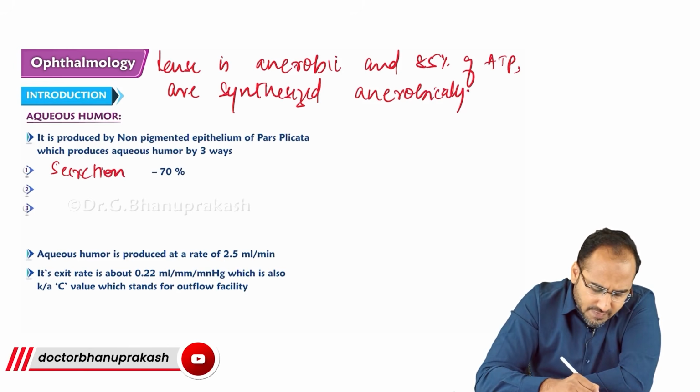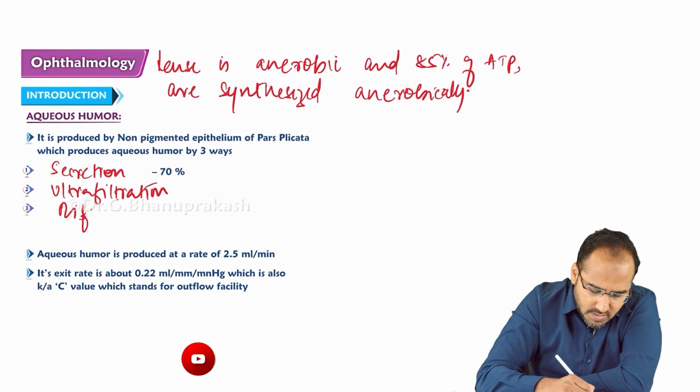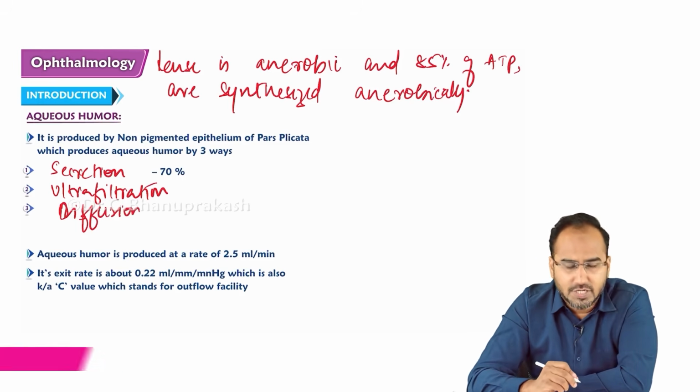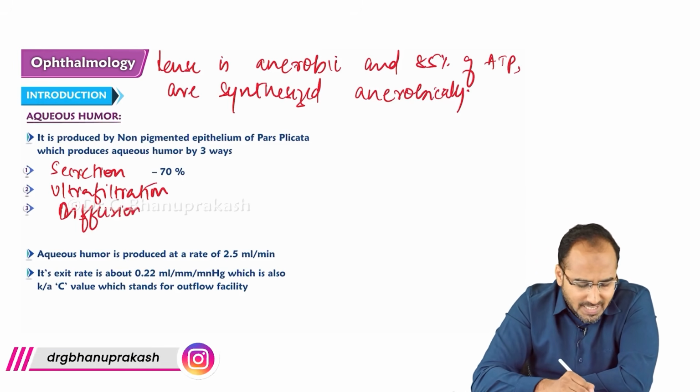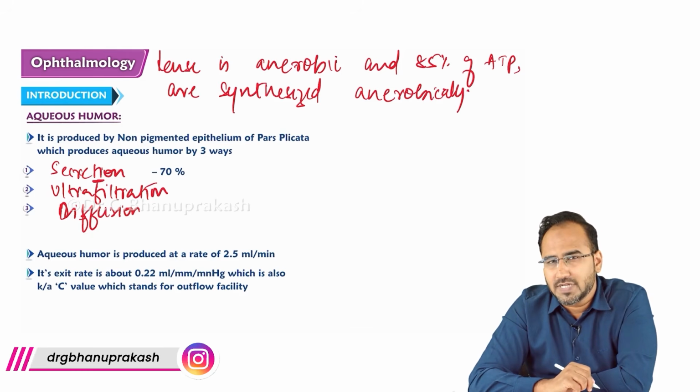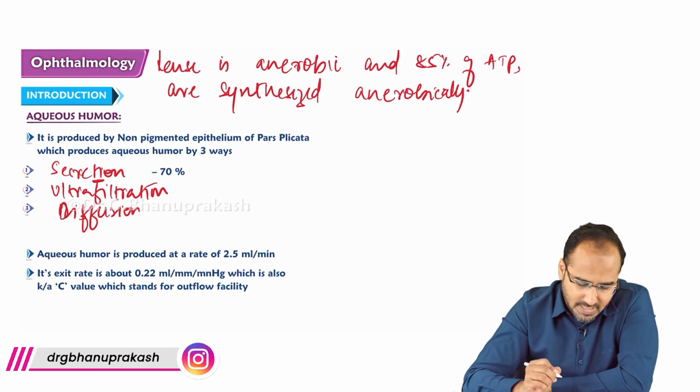Apart from that, ultrafiltration and diffusion also. So, three things are there for the formation of aqueous humor: diffusion, ultrafiltration and secretion. 70% of the time it is formed by secretion.